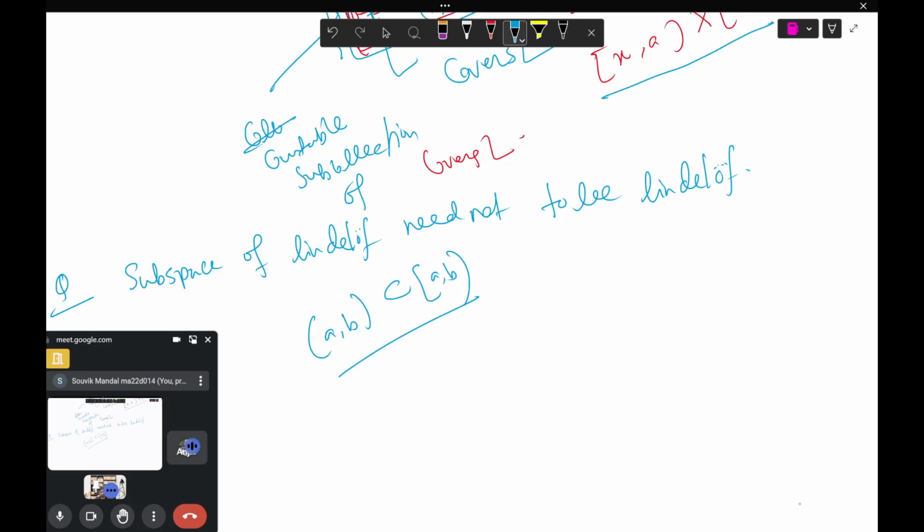Then the cover is defined as the closed a and open b plus 1 by n.